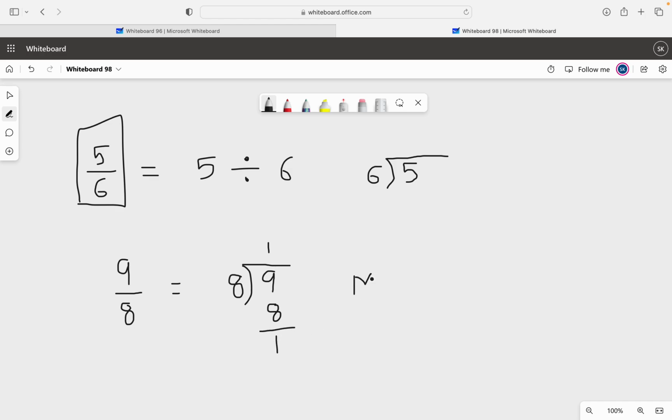A mixed number or mixed fraction is nothing but, this is how we express, quotient, remainder and a dividend, Q R by D. Now what is quotient here? 1. Remainder here is again 1. This is quotient, right? And this is the remainder, correct? And this is the dividend.